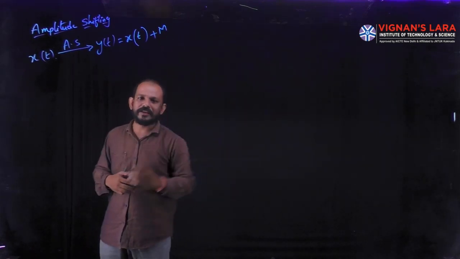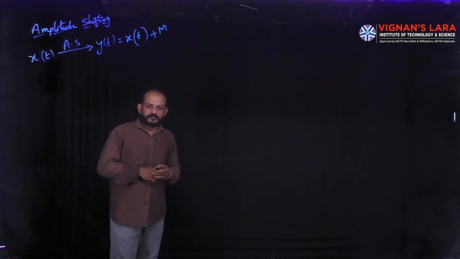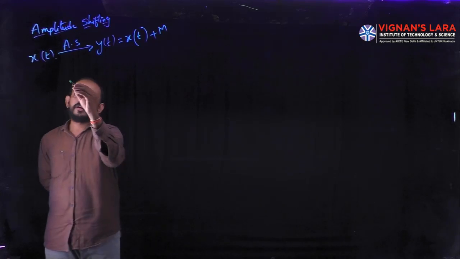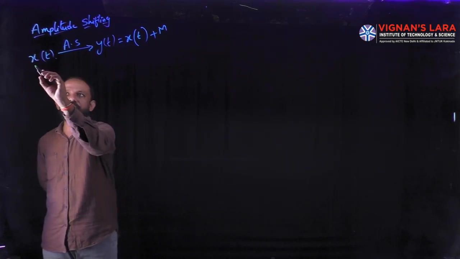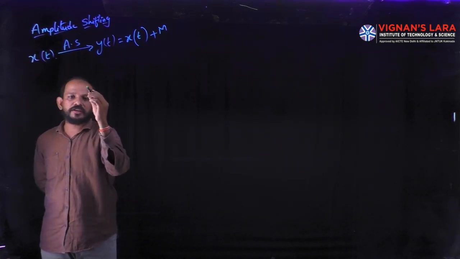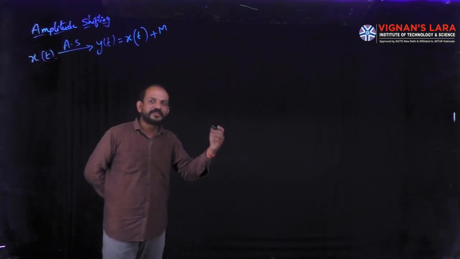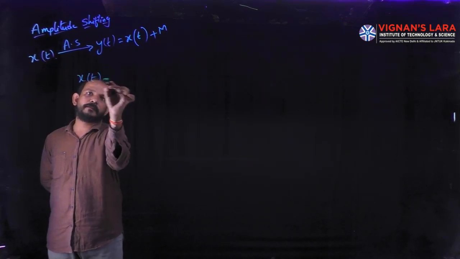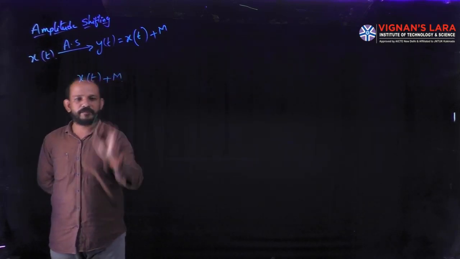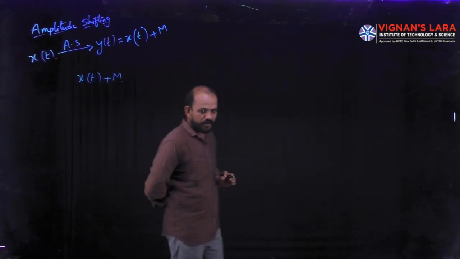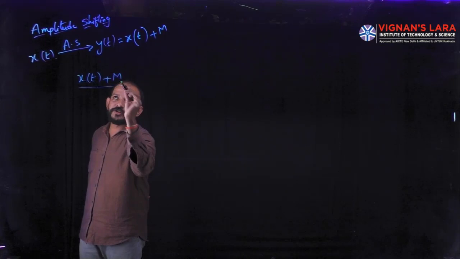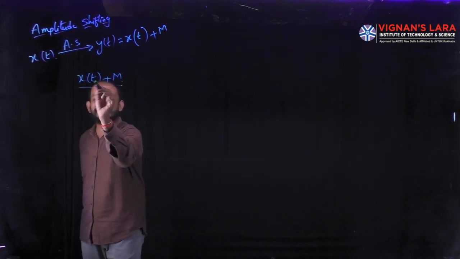Now, in amplitude shifting, if you perform the operation on x of t, the amplitude shifted version of the signal is nothing but x of t plus M.